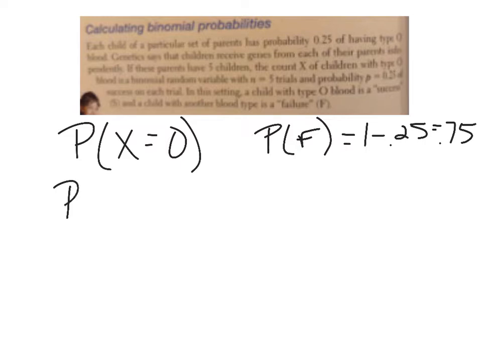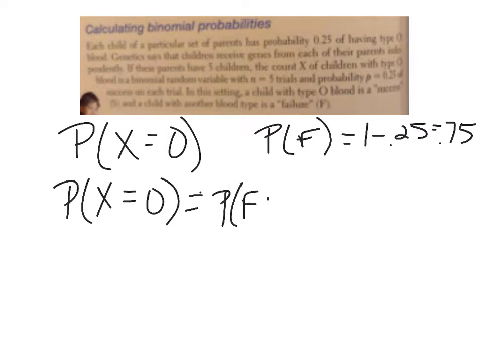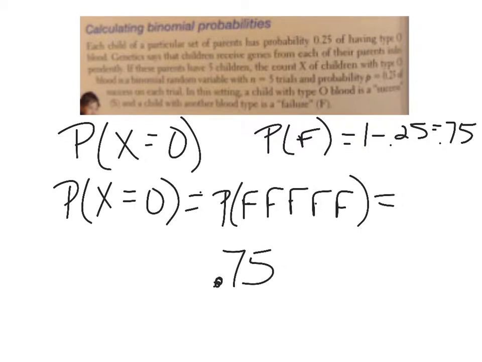If I want the probability that none of the kids have type O blood, x equals 0, remember x is my number of successes. So x equals 0 means I want the probability that the first kid was a failure at type O blood, the second, the third, the fourth, the fifth. All 5 kids failed for type O blood, which would give me 0.75, my probability of failure, to the 5th power.